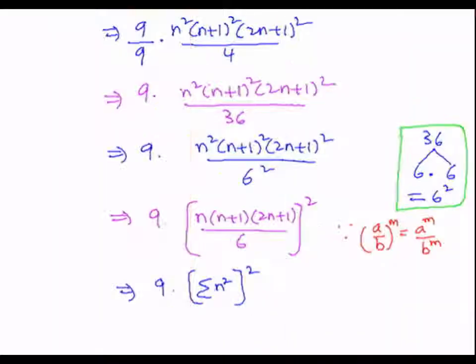So that implies 9 into sigma n square can be written as S2, but here whole square is there. So it can be written as 9 into S2 square.